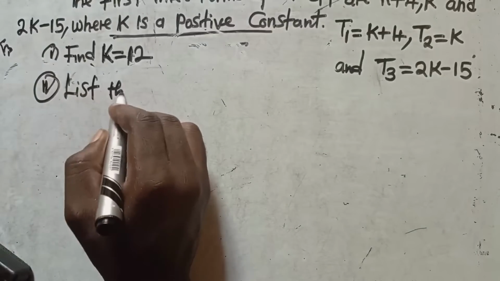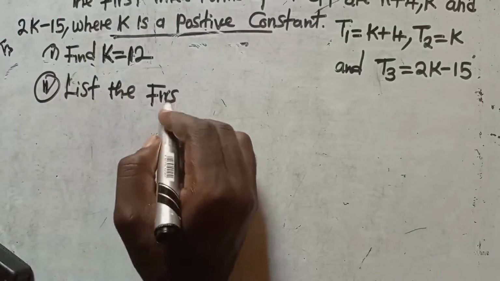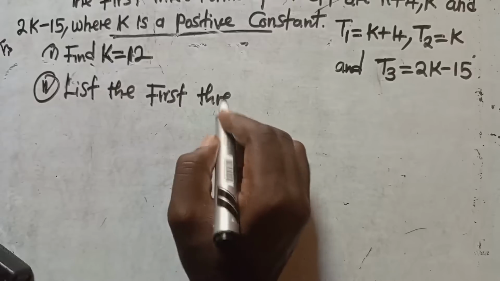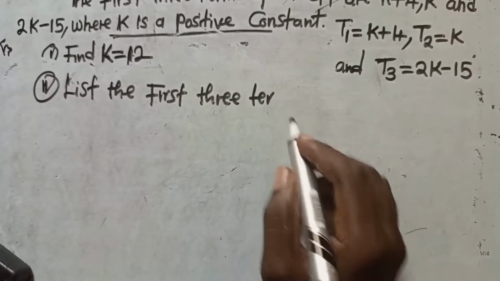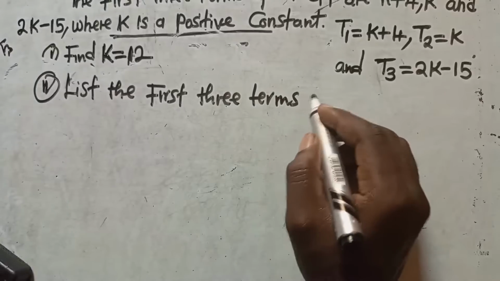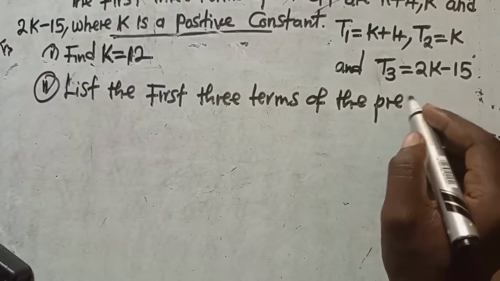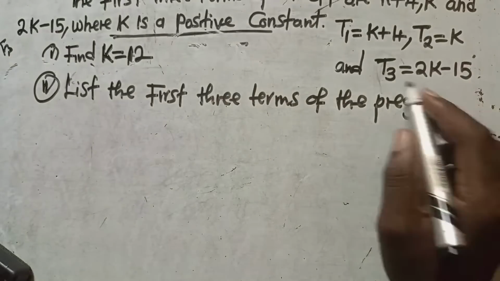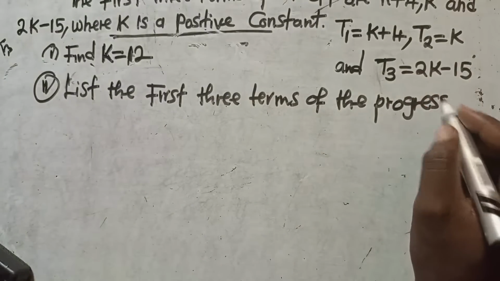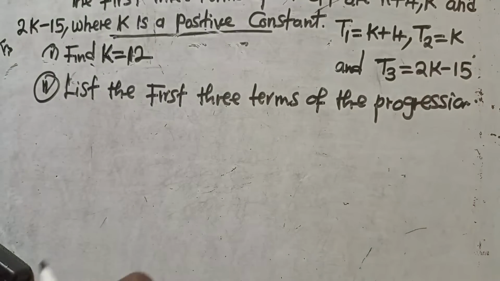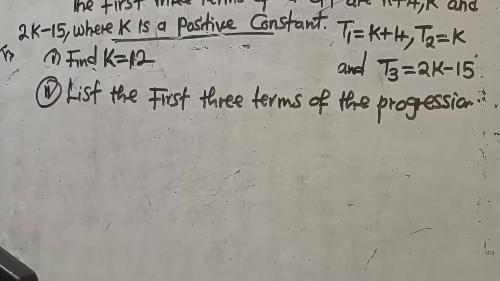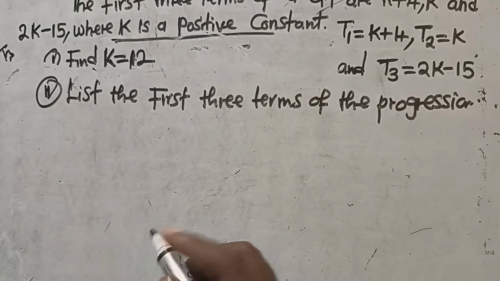To list the first 3 terms. First 3 terms of the progression. So how can you list the first 3 terms of the progression?